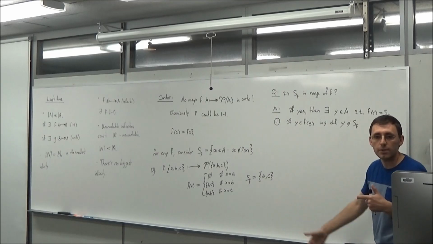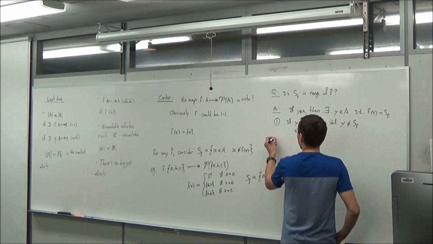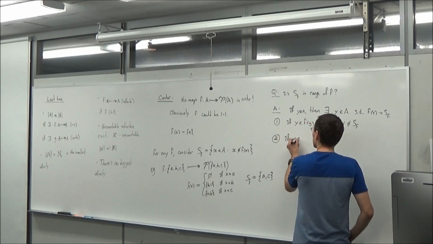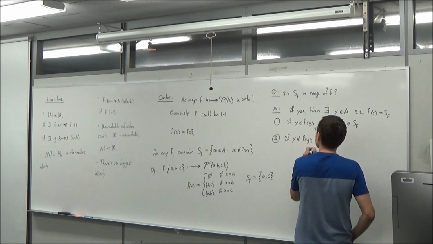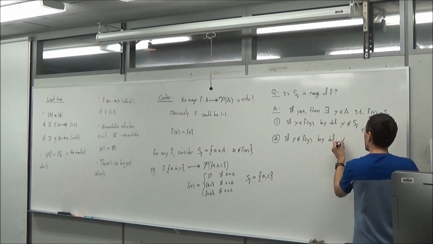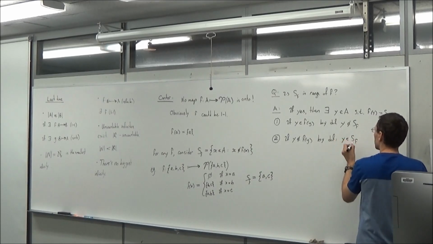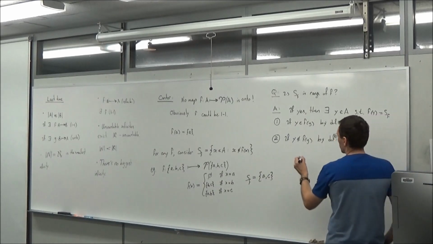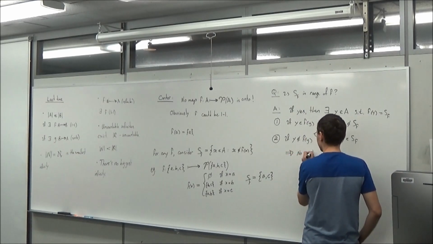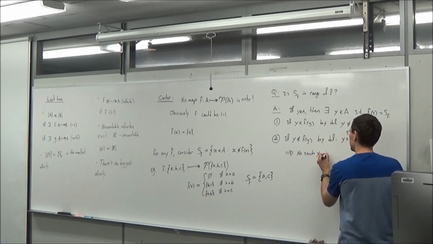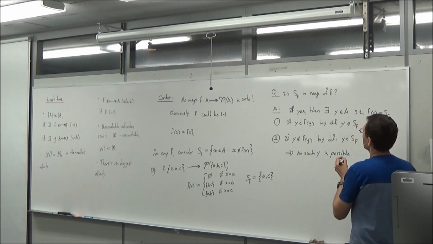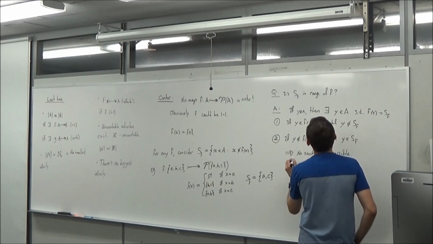In the other case, y is outside the box. True? If y does not belong to f of y, again by definition, y will have to belong to the set of dissatisfaction. So the conclusion is no such y is possible. In other words, the answer is no.